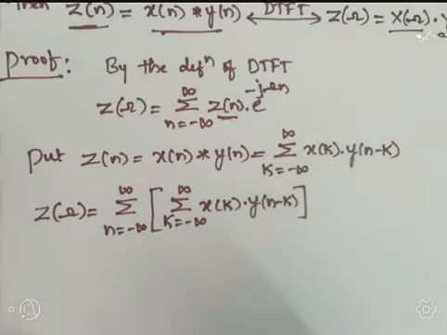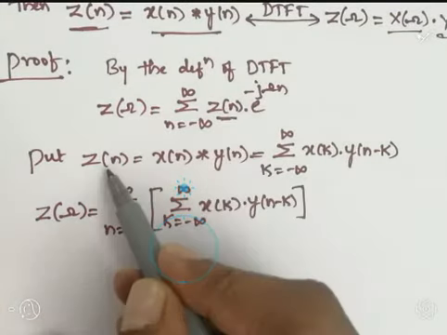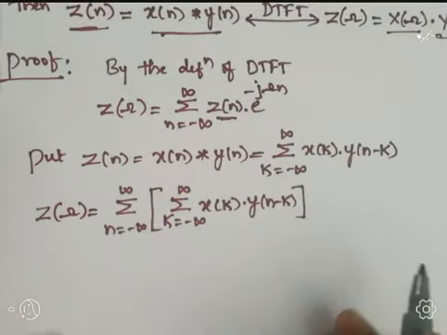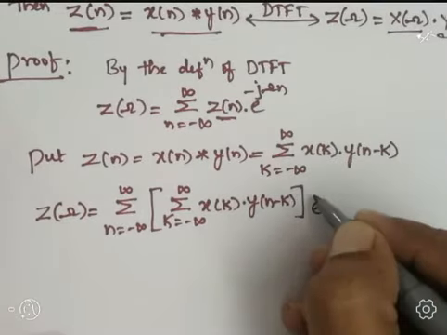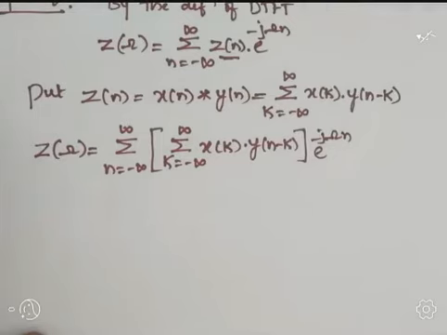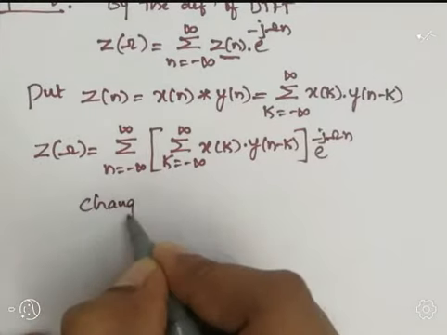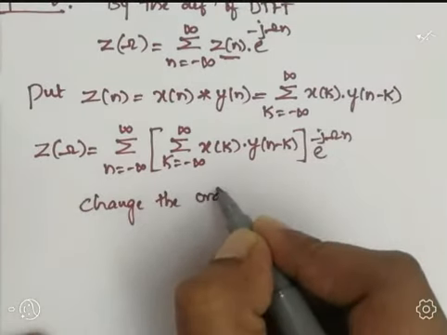We replaced z of n by this equation. The remaining part is e to the power minus j omega n. The next step is changing the order of summations.